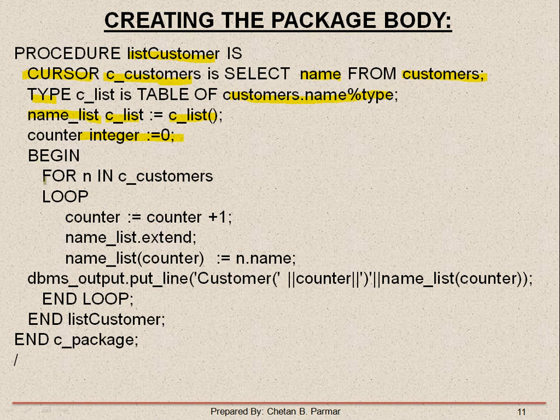In the begin section, I am using a cursor FOR loop, for in the cursor name CS_customers. Using this loop I increment the counter variable, counting the total number of records, name list extend and name list counter, and display this value using DBMS_OUTPUT.PUT_LINE, displaying the customer with name list. Okay, and terminating the loop, this cursor for loop is over, and the list customer procedure is over, and end C_package. So the package is over.